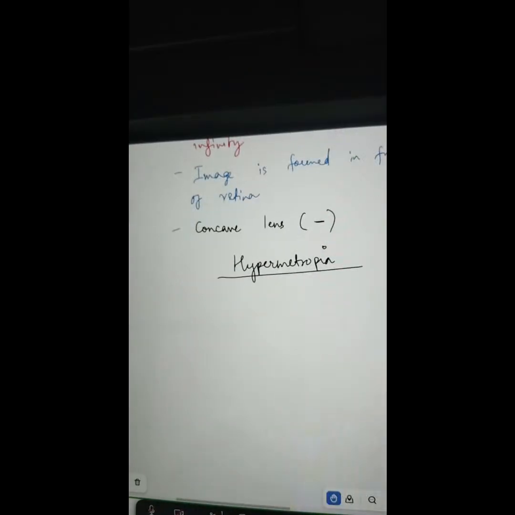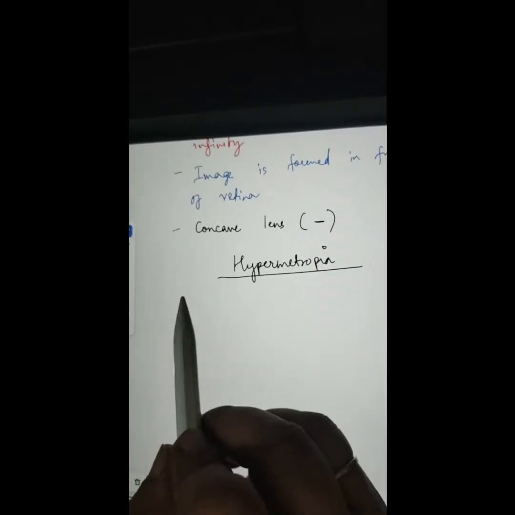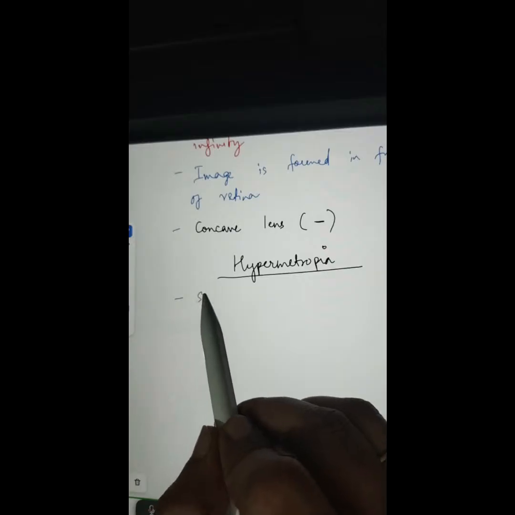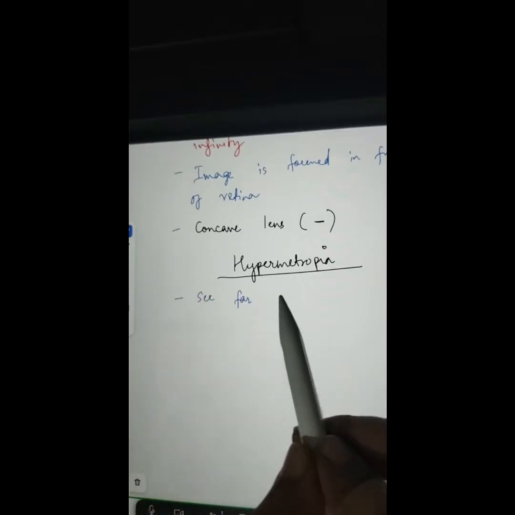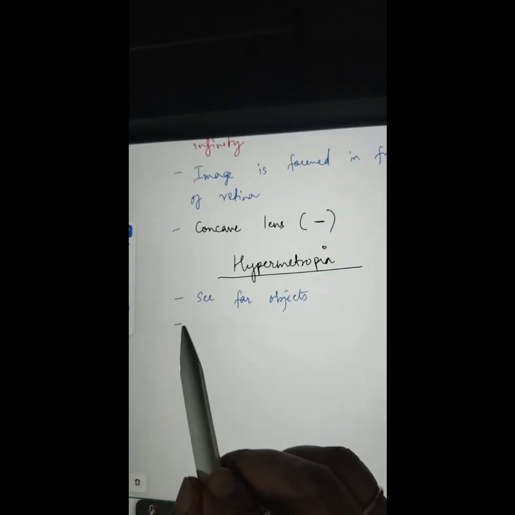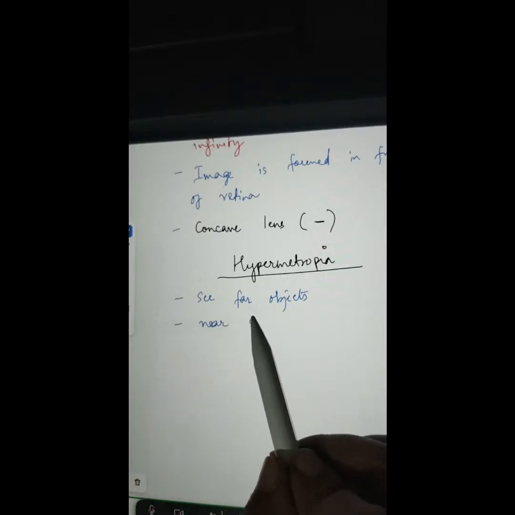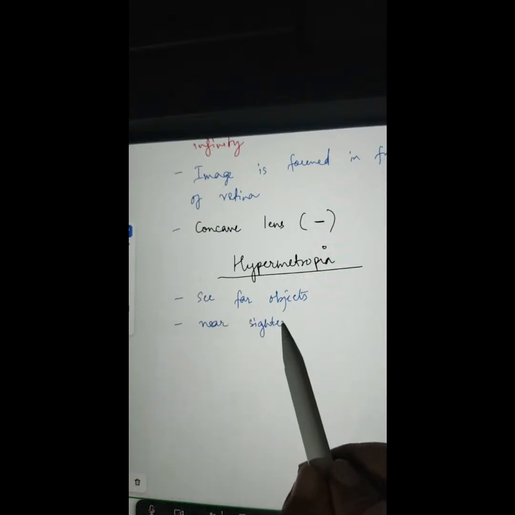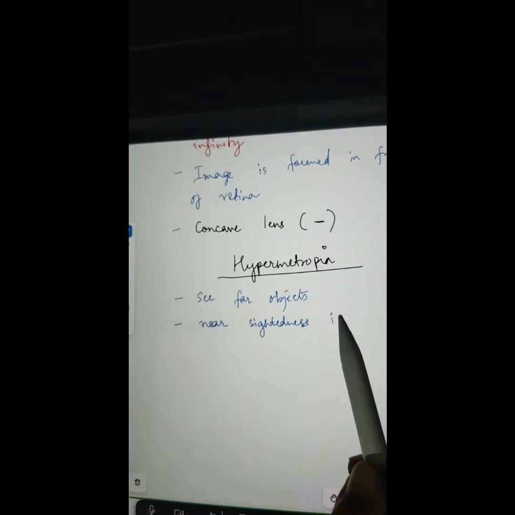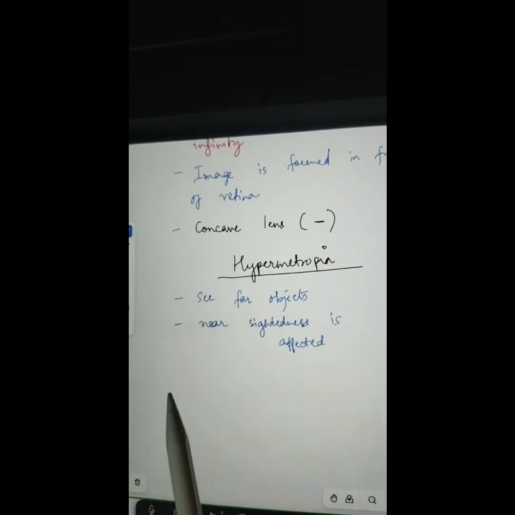Hypermetropia is another disorder of the eye, in which a person is able to see far objects. This is just the reversal of myopia. A person is able to see far objects, but nearsightedness is affected, meaning the nearby objects are not seen.